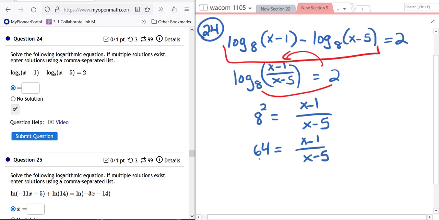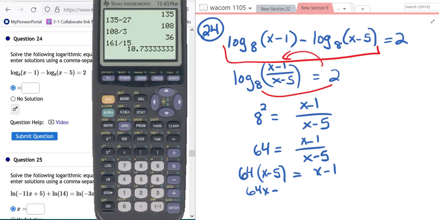And again, you can solve it as a proportion, putting this over 1, or multiply on both sides by x minus 5 to clear your fraction. So we have 64 times x minus 5 equals x minus 1. So 64x minus, I should clear that out, 64 times 5 is 320.